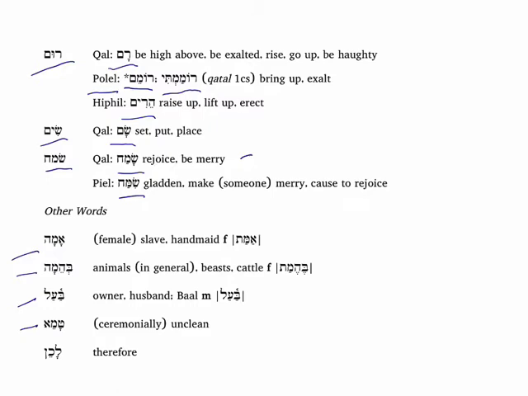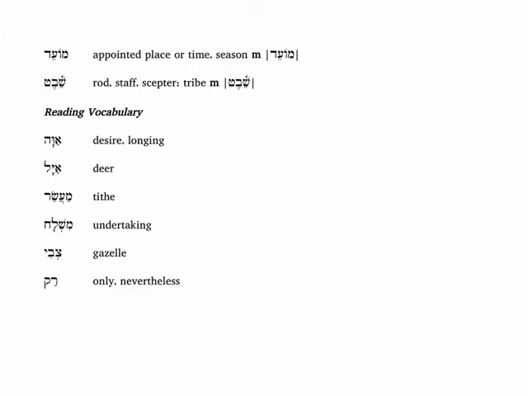Tameh means to be ceremonially unclean. In other words, unclean in the sense that you had to go through a cleansing ritual before you could approach the altar. Laken just means therefore. Next, we have moed, an appointed place or time, like a holy day, or it can mean a season.